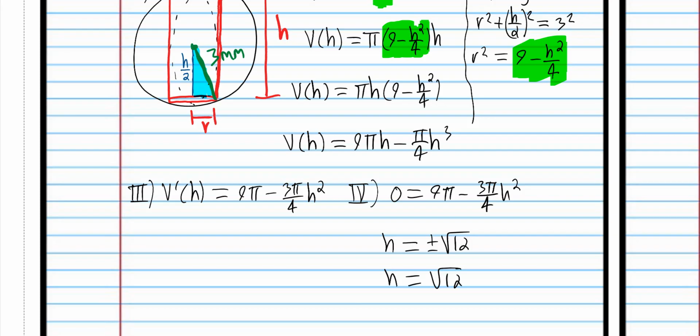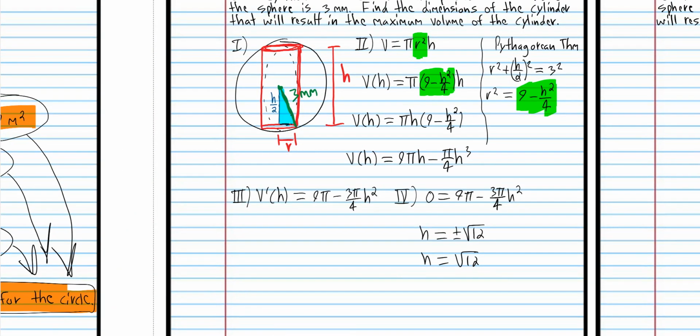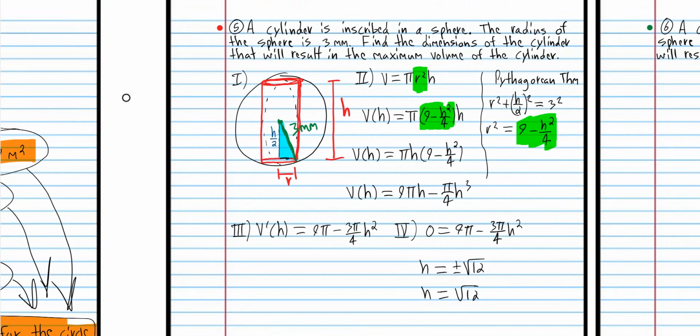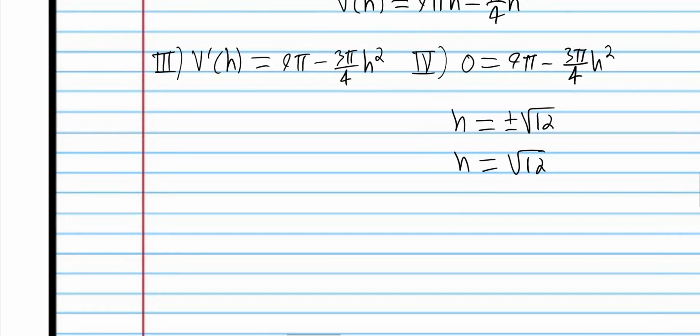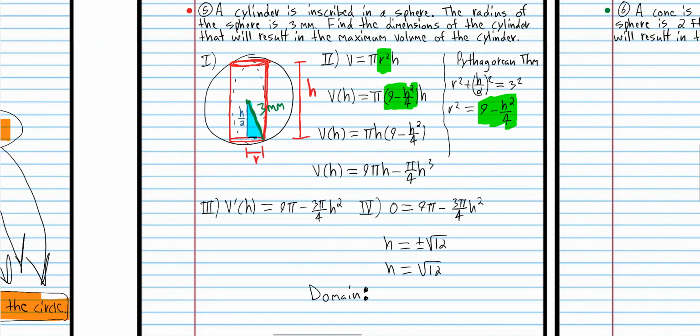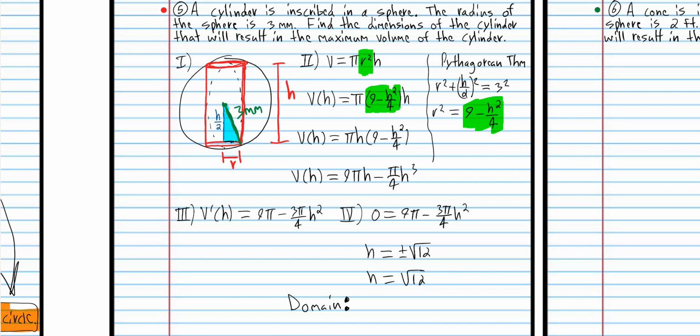So I think we might be able to just leave h as root 12. We'll see what happens. We have to look at the domain to have a better understanding of what exactly is going on. Do we have an open interval or a closed interval? That's going to tell us how we proceed. So what is the smallest value of h?